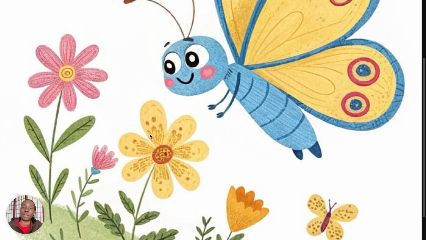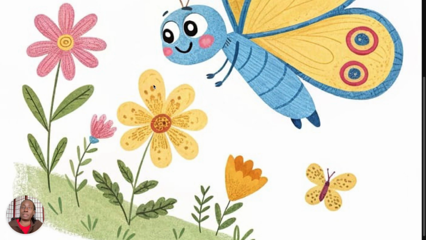How about this flower? The petals, these are the petals, are yellow, and there are 1, 2, 3, 4, 5, 6, 7. 7 flower petals, and they're yellow. Yay!